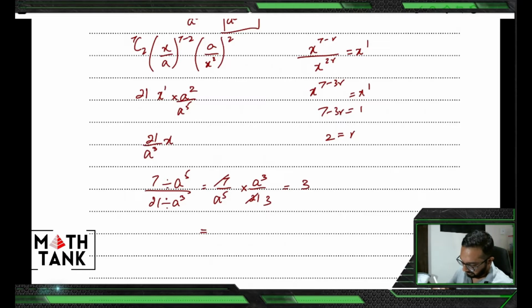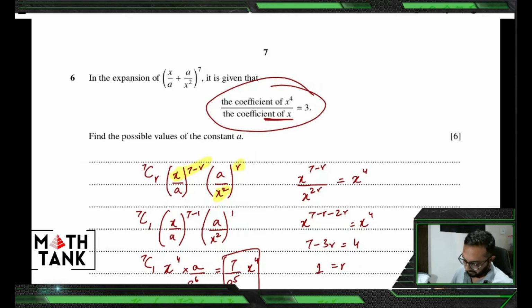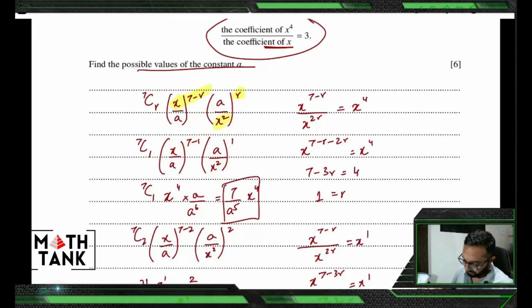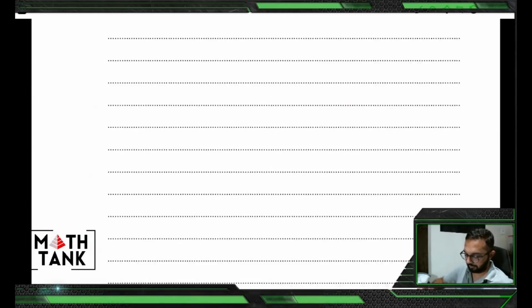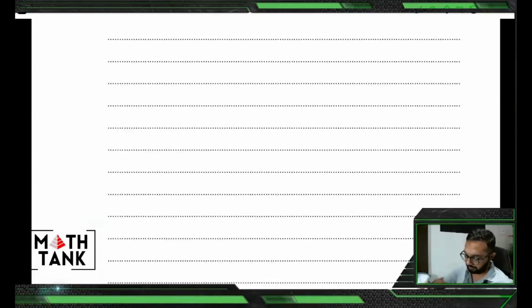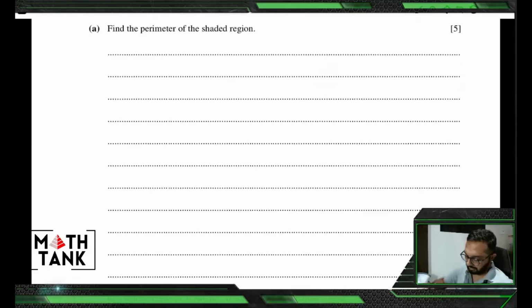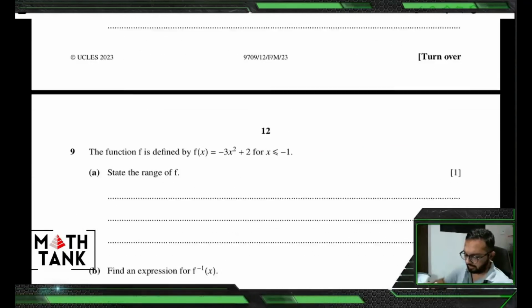So I get 1 over a squared equals 9. a squared is therefore equal to 1 over 9. And let me see if it's positive. Find the possible values. So a is both positive 1/3 and negative 1/3. Okay, moving on. All these are relatively easy questions, so I'll just cancel them out.